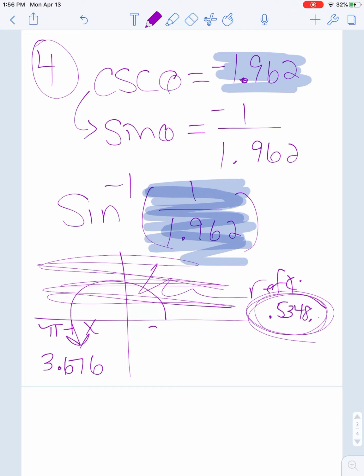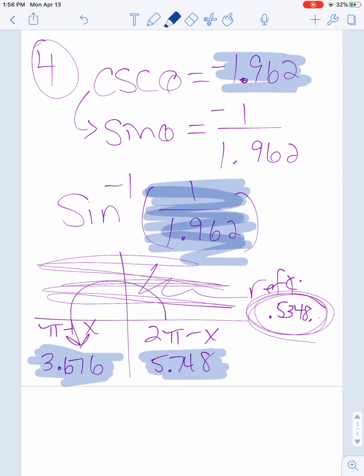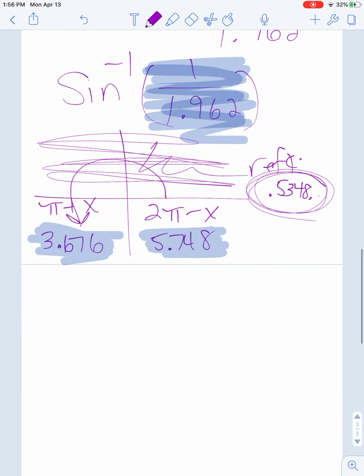Again, my fourth quadrant answer, I'm going to go 2 pi minus X. So in my calculator, I just type in 2 pi minus x. I get 5.748. Before I go on to the next problem, I'm just going to check. Do these make sense? Am I between 3.14 and 4.71? Yes.